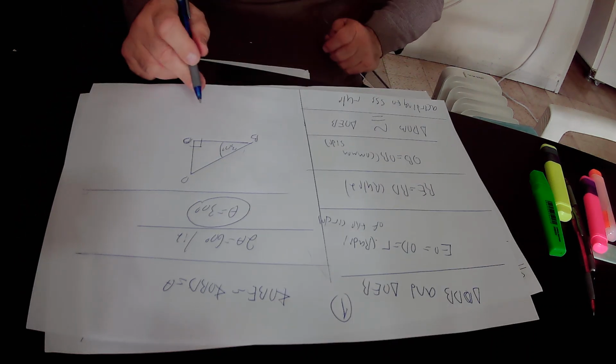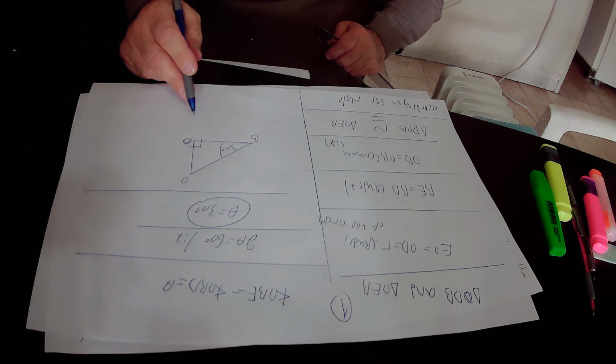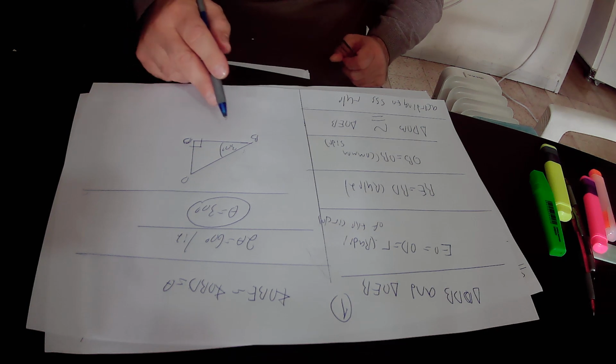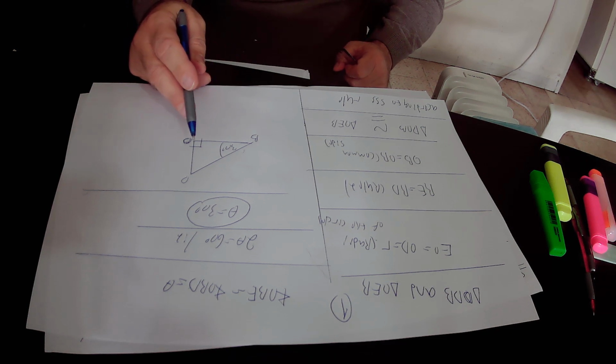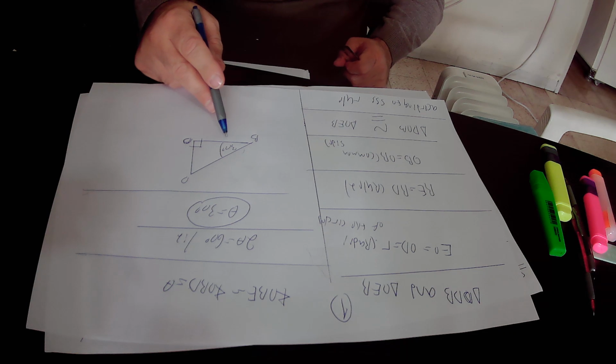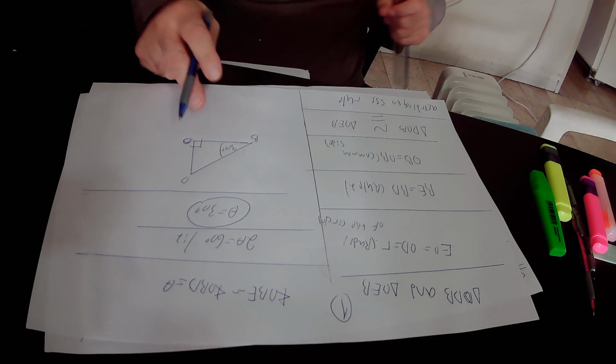So actually, this is the yellow right triangle, triangle ODB, that I copied from the original drawing. This is angle theta, angle OBD, that equals 30 degrees in size.